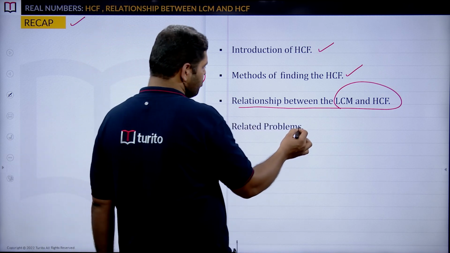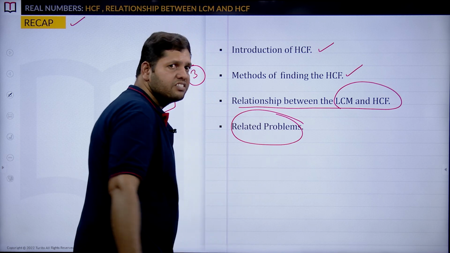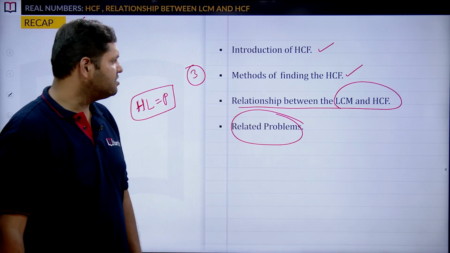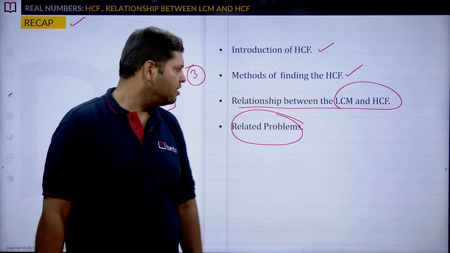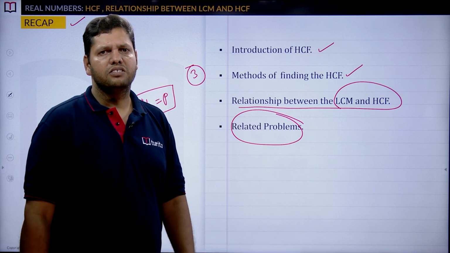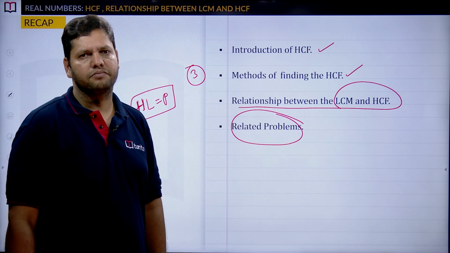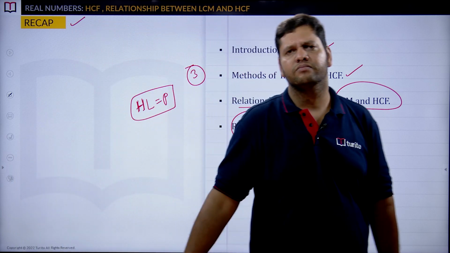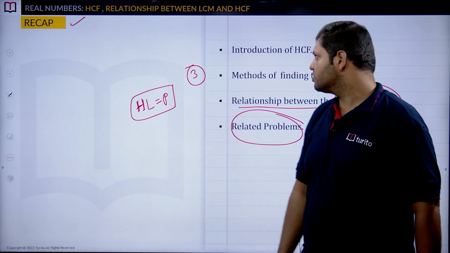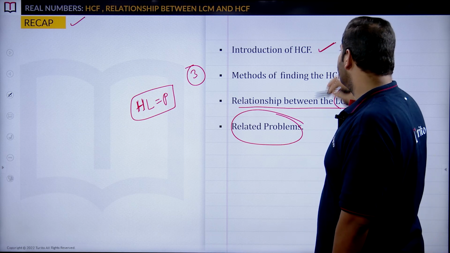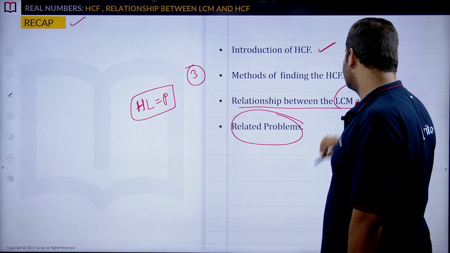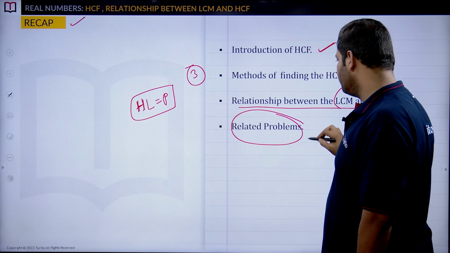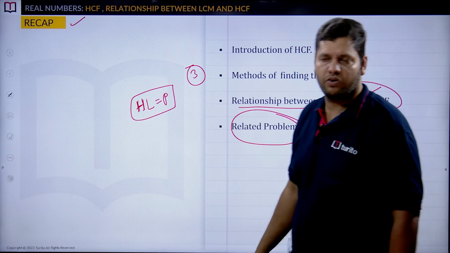And we have discussed some questions, children, related to finding the LCM or HCF and the relationship between the LCM and HCF. Clear, children? Any doubts in today's class? Okay, so this is what we have discussed in today's class, children. Introduction of HCF and methods of finding the HCF, LCM and HCF, and some questions we have discussed. Okay.